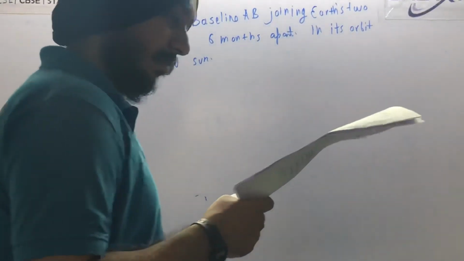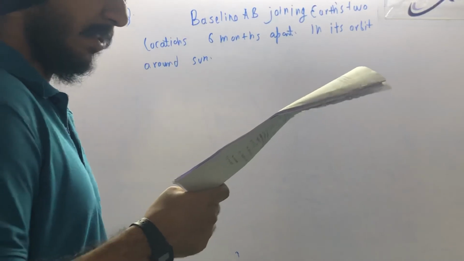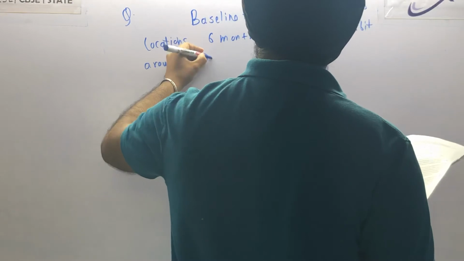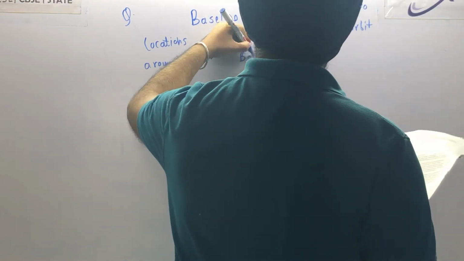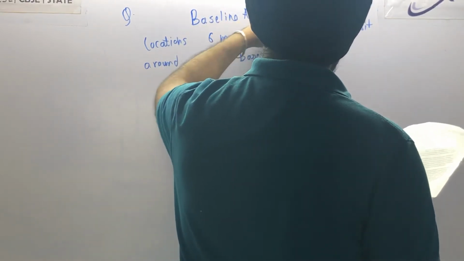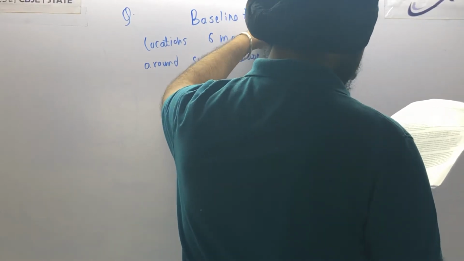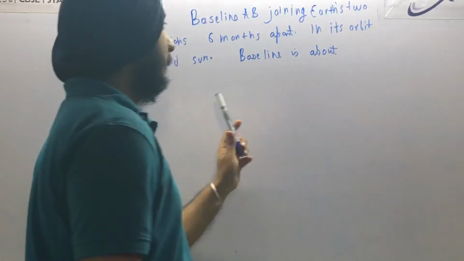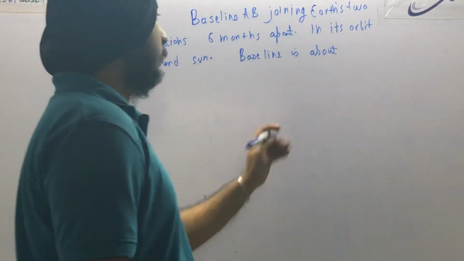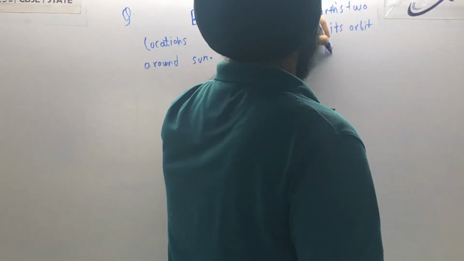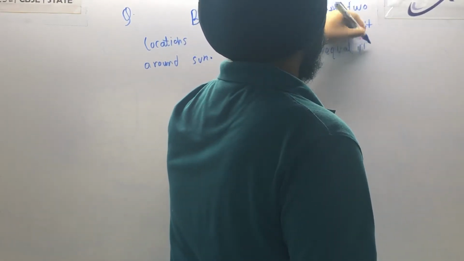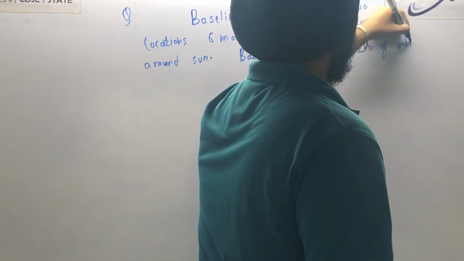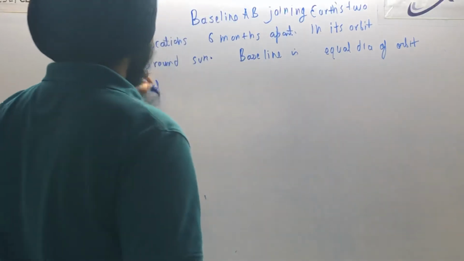Okay, now the baseline is about the diameter of the orbit of Earth.